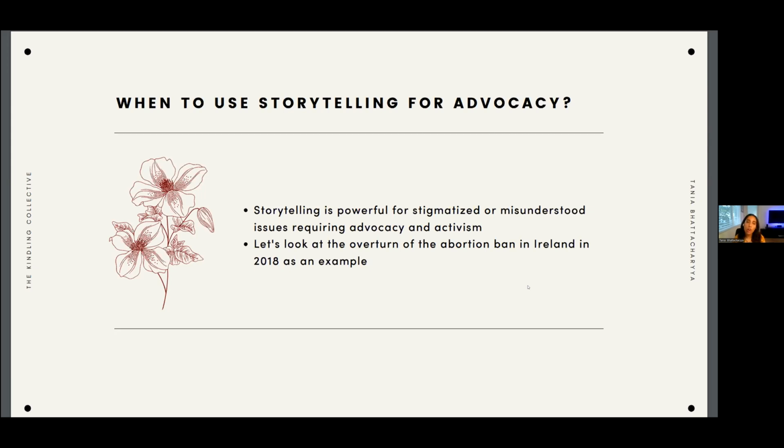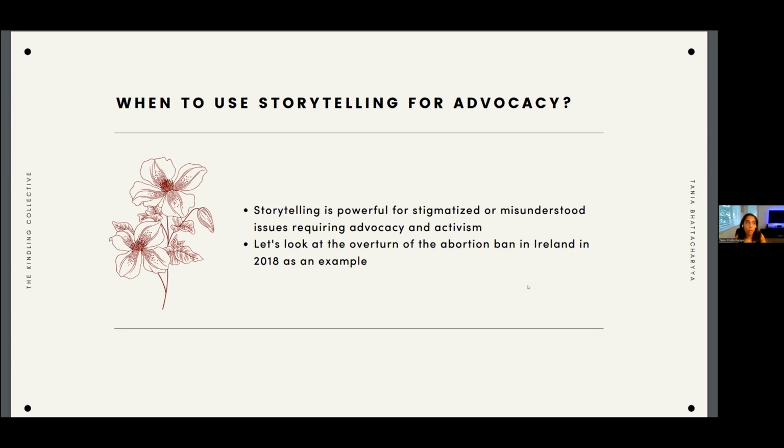And in addition to all of these volunteers sharing their story, there was a unified front of tying it into a larger vision where abortion is simply part of healthcare and everyone has the freedom to decide whether and when to become a parent. And so stories helped turn this issue around, which was previously just untouchable.